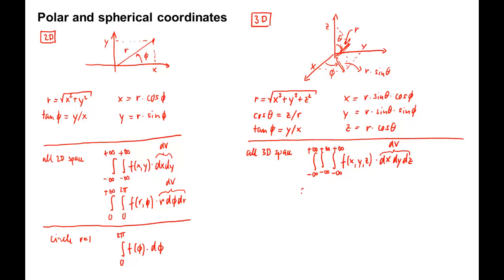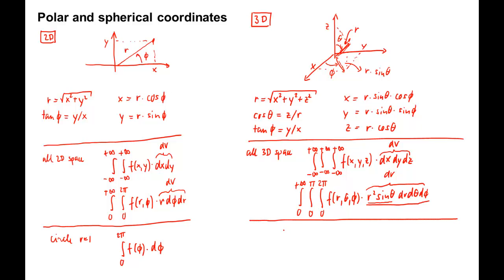The integration there reads integral from 0 to plus infinity for r, then the integral from 0 to pi for theta, and the integral from 0 to 2 pi for phi of a function f of r, theta, and phi times the volume element, which is r squared sine theta dr d theta d phi. Watch out for this volume element. And do not forget the prefactors r squared and sine theta.